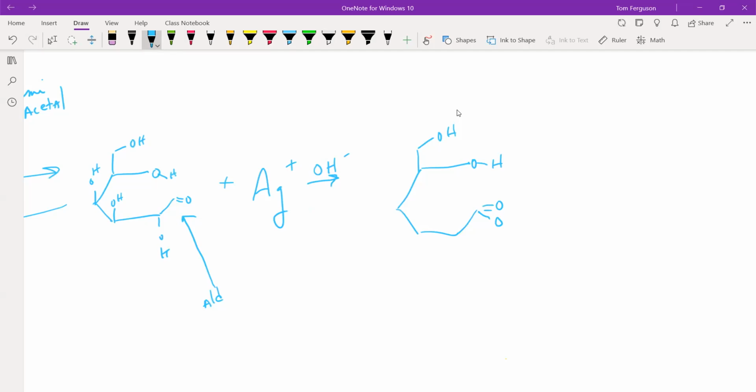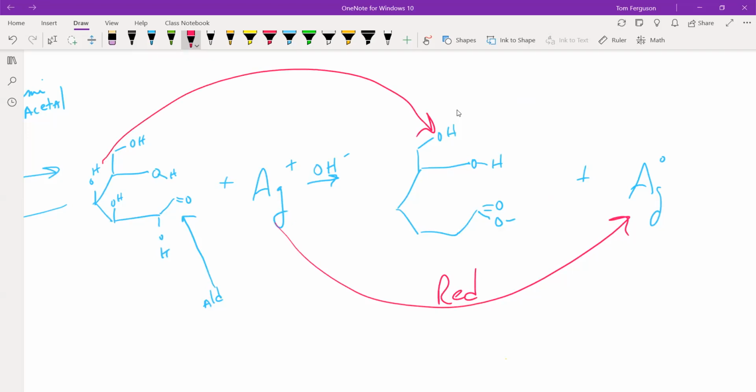Because it's in a basic environment, the H is no longer there. And we get a reduced silver. So the aldehyde is being oxidized to the acid. When something is oxidized, something has to be reduced. So the reduction is taking place on the silver.